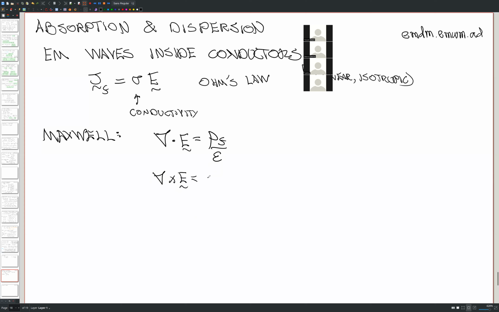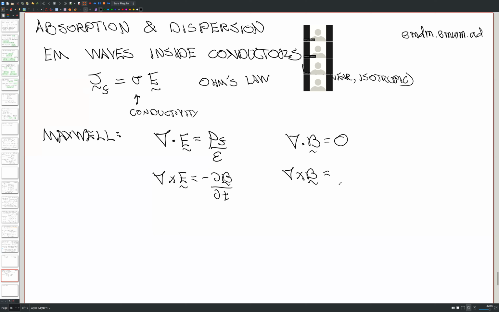And then I also have Faraday's law, curl E equals minus dB dt. I still have that div of B is equal to 0. And if I look at Ampere-Maxwell, now here I would have mu J free. But now I'm going to replace J free straight with the conductivity times the electric field.